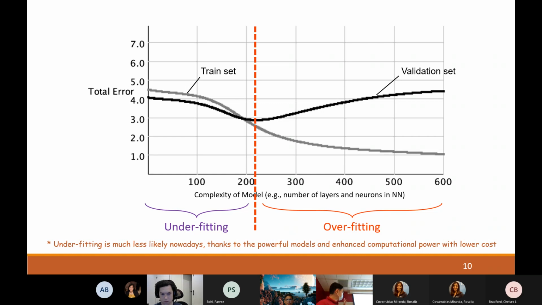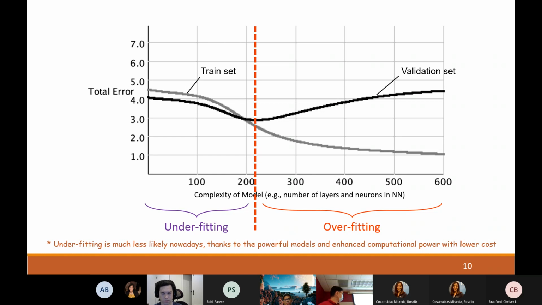And the way to look at it is, if we train a bunch of models going from simplest to more complex, you can imagine these numbers may refer to the number of parameters of a neural network. If it goes from very small to very large, the model is becoming more complex, right?